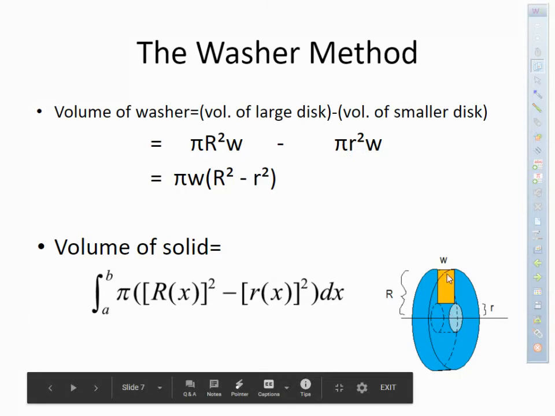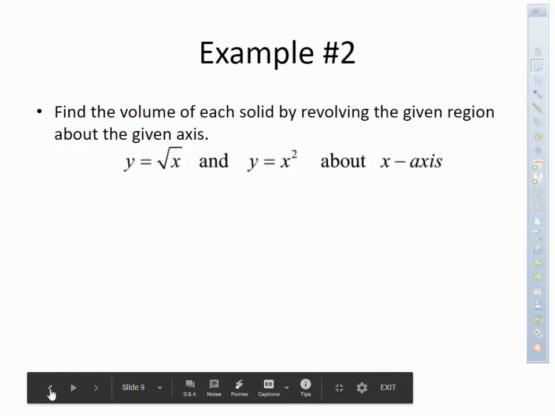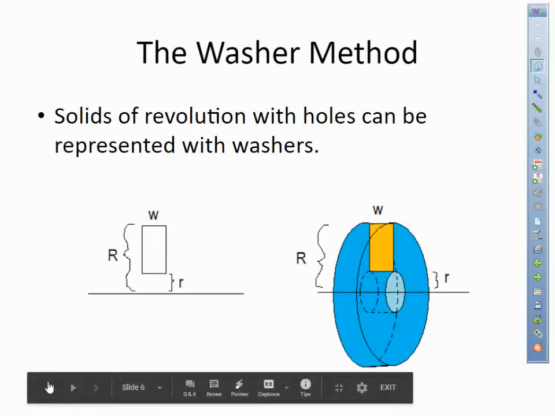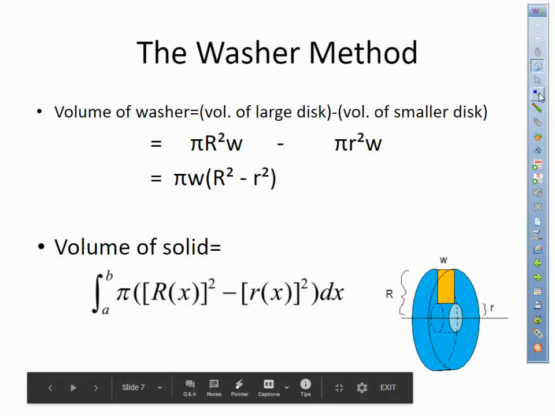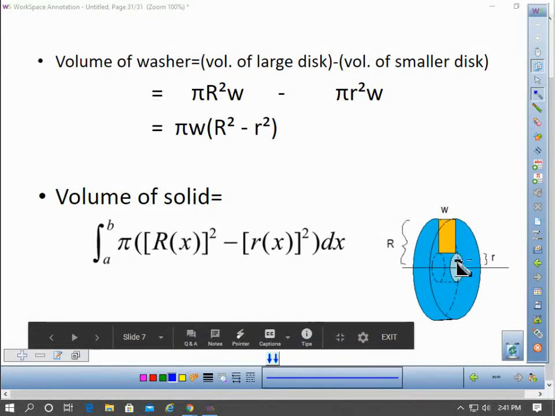Both of these have the same width. So we're going to take the volume of the bigger one, and then we're going to subtract the volume of the smaller one. So we have the big disk, and then we have our little disk. They both have the same width, and we're going to subtract those two volumes.